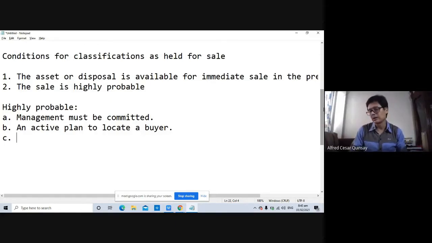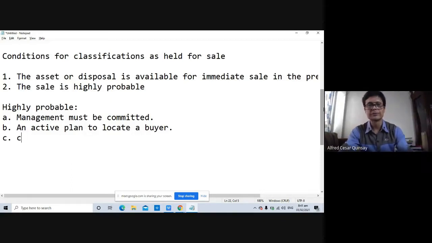Pwede nilang ipa-ads, let's say, or dun sa industry journal, pwede nilang paalam na, okay, binibenta namin yung ganito. Okay, so, sino yung interesado? Kahit dun sa industry journal nung company kung saan siya nag-ooperate, no?